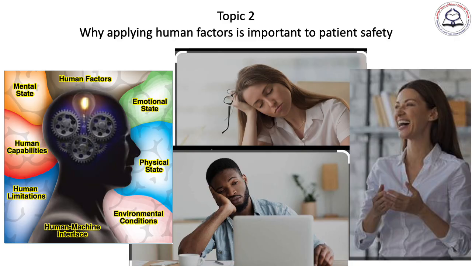All these can affect our ability to interact with our surroundings. Human factors could be related to our mental state, our capability, our limitations, and our interaction with the machine, the human-machine interface, and how we can handle environmental conditions and our physical and emotional state.